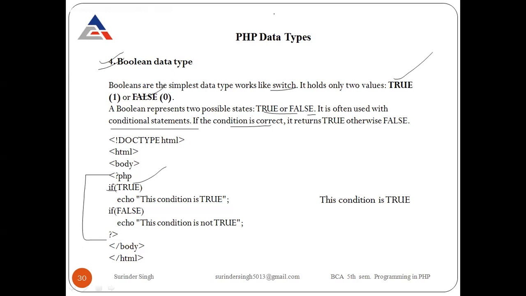We will learn control statements in further lectures. If true, then execute it. Now since you have true, it will print the condition is true, and this other if has false, so it will not be executed. Okay, clear?